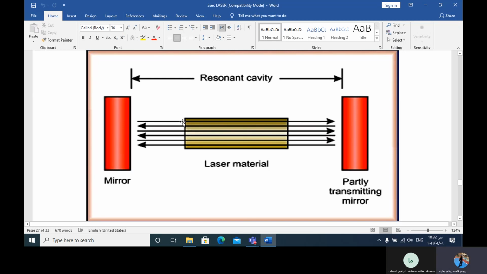The photons come this way, hit the mirror, get reflected, hit the other mirror and are reflected again, going this way and that way, again and again. So as you see here, photons will have multiple reflections between the two mirrors.